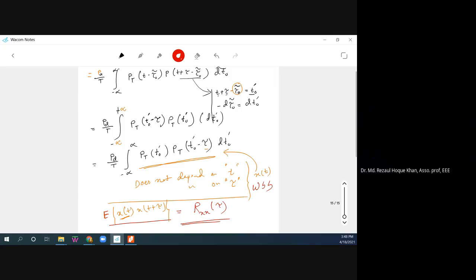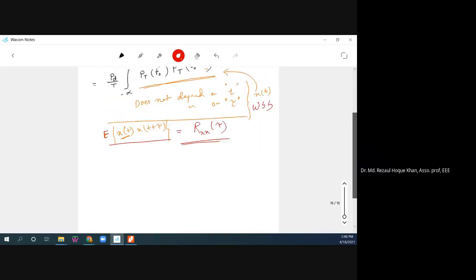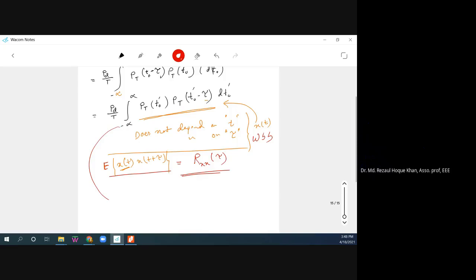So this expression we can rewrite here. We can write this as R_p(tau), following this system. We are making an autocorrelation.